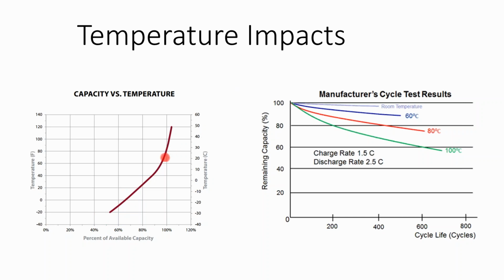And so whether you're using a lithium-ion battery, which is more temperature sensitive than lead acid, you want to, if you can, regulate the temperature of the battery, whether it's flooded lead acid or lithium-ion. One easy way to do that, if you're using a flooded lead acid battery, is to put in a heater next to the battery.